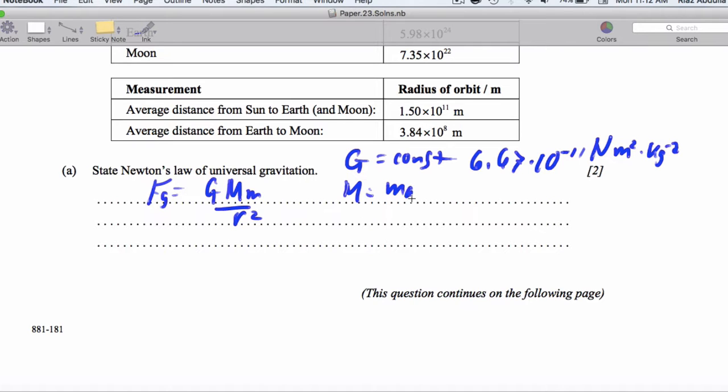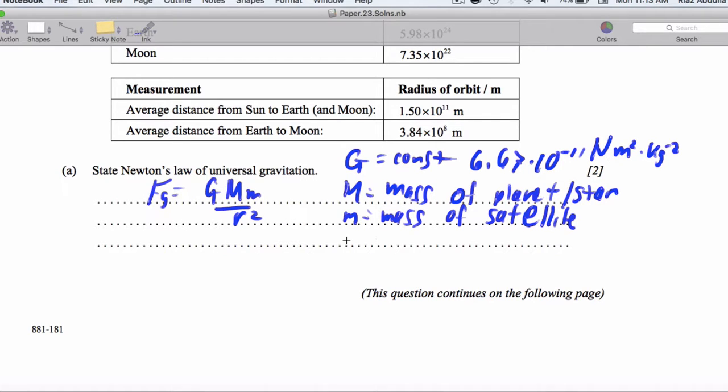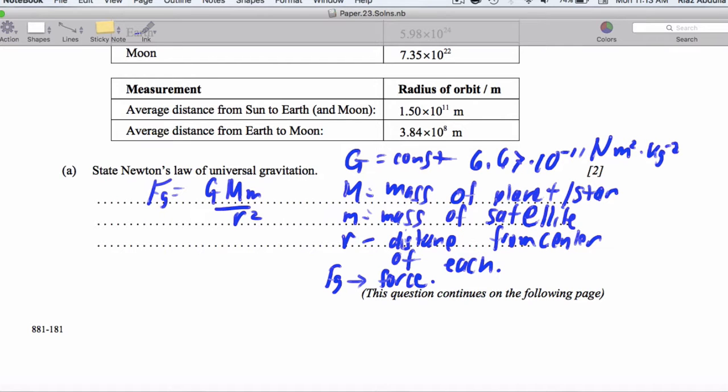Big M is mass of planet or star. Little m is mass of satellite. R is distance from center of each. Okay, so that's how I would state that. And then F is the force.